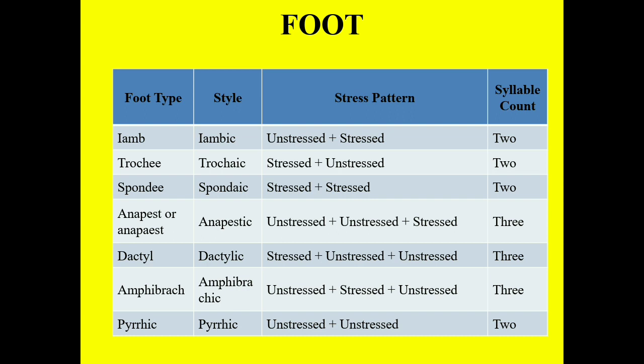So dactylic is opposite to anapaestic. And another one, amphibrachic, is also a trisyllabic foot, where between two unstressed syllables, one stressed syllable is seen. So the first syllable is unstressed, the second one is stressed, and the third one is unstressed.